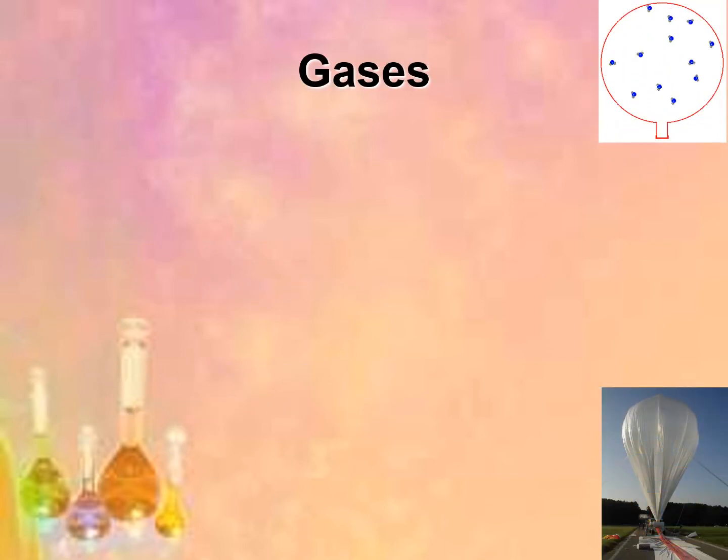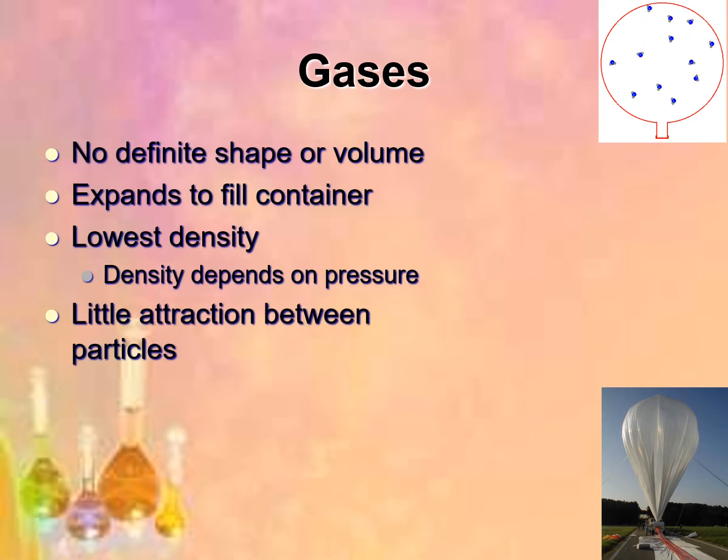But gas or gases has no definite shape or volume. They expand to fill the container. They have the lowest density because the molecular motion is high, or the molecules can freely move. That's why the density of gases depends on pressure, or depending upon the pressure exerted.